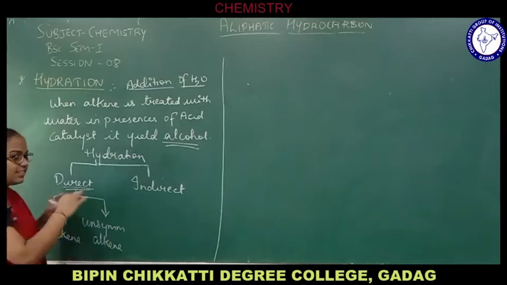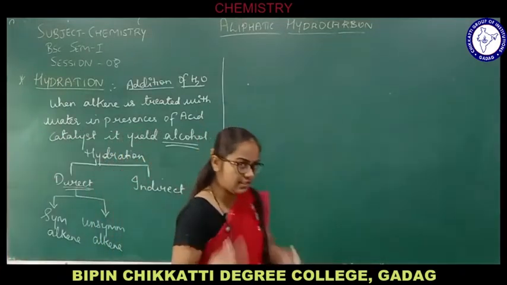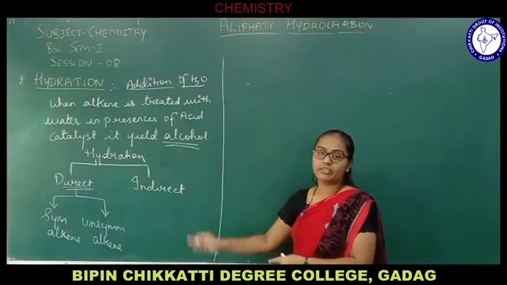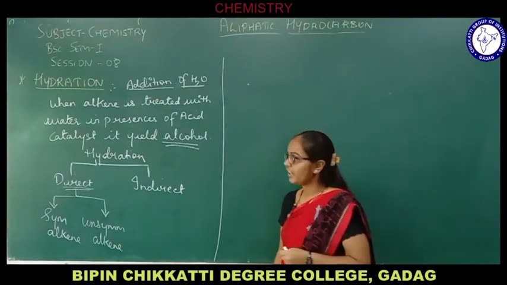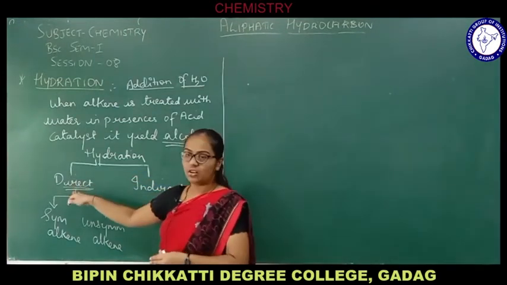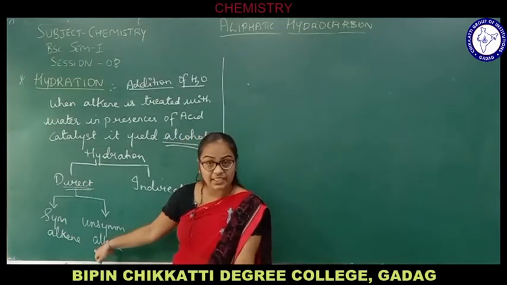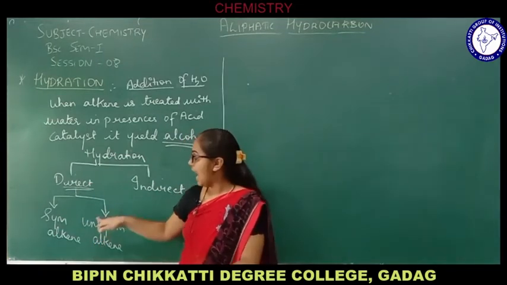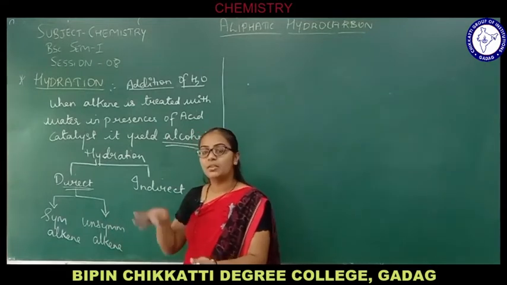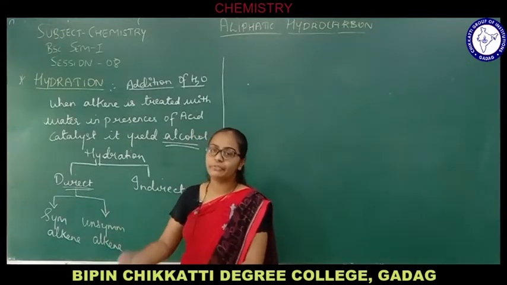This is just the classification, and each one we are going to delve into in more detail. So in the direct methodology, the formation of alcohol is different for symmetrical and unsymmetrical alkene.